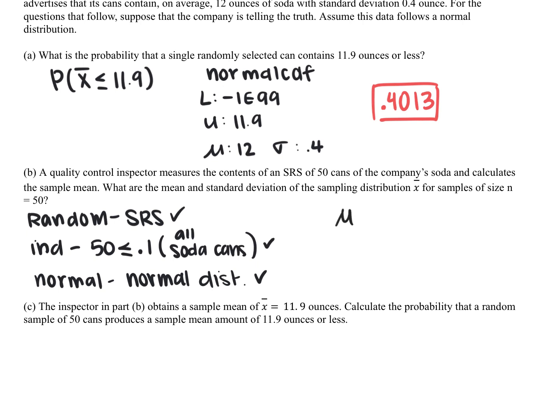So that tells me that the mean of my sampling distribution is going to be 12, and the standard deviation is going to be 0.4 divided by the square root of 50, which gives us 0.0566.